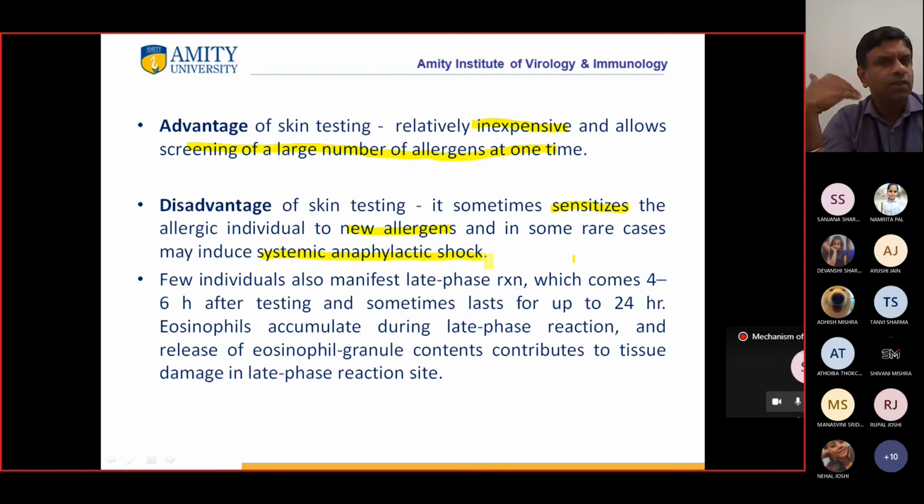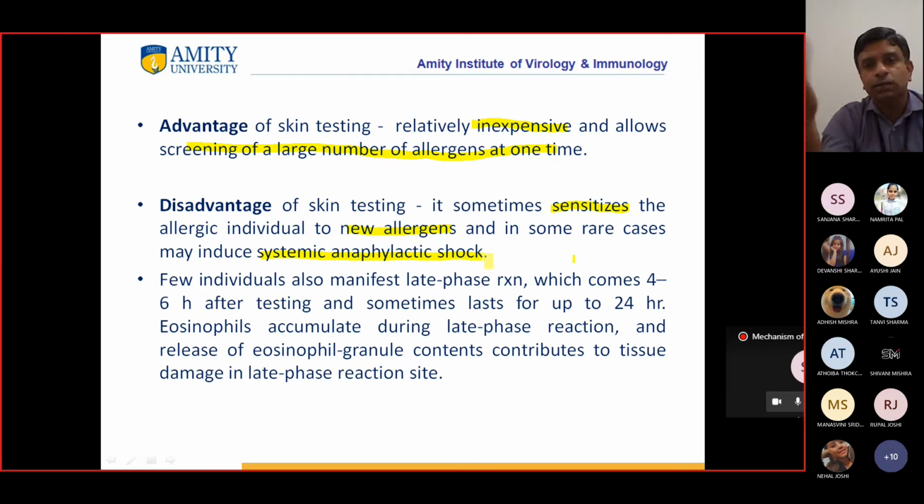You may have never come in contact, but by artificially doing this skin test, you have injected that allergen into the body, right? Now sometimes what happens, a person may be already sensitized, because I don't know if I'm sensitized or not. But when you are giving this intradermal injection, you are injecting the allergen for the second time.